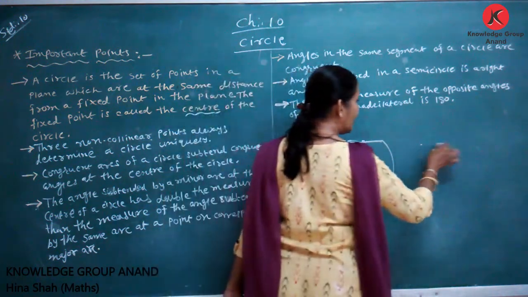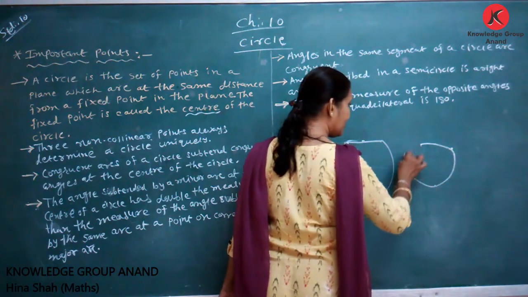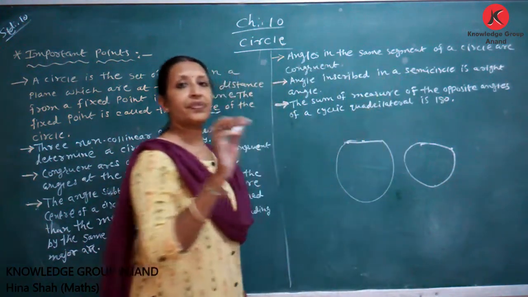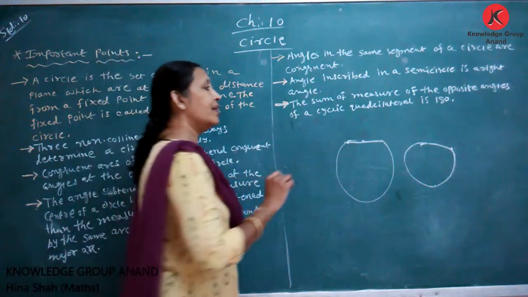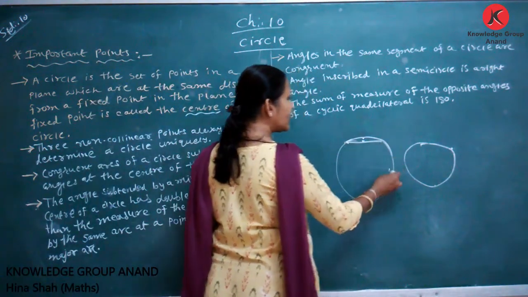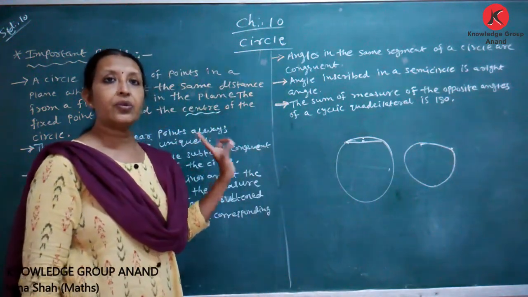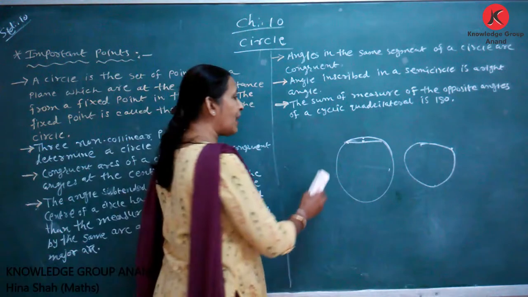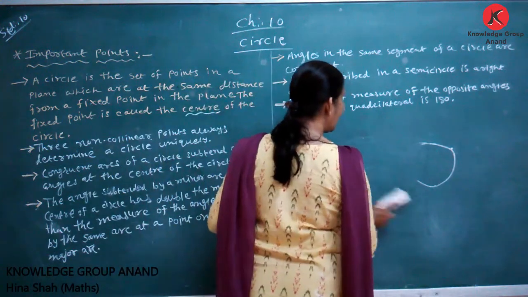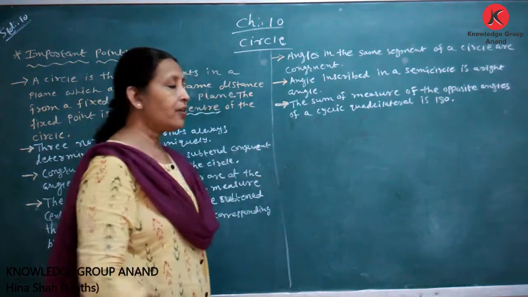But suppose 3 non-collinear points, then a circle passes through them. 3 non-collinear points determine a circle uniquely. That means one and only one circle.